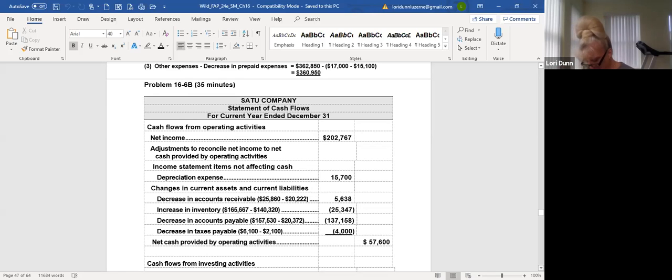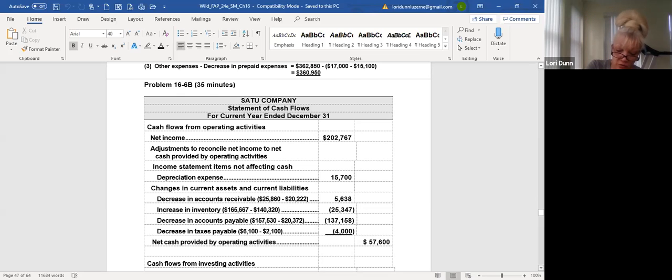So we need to see what was the impact on cash from the change in our equipment account. If you did a T account, like I suggested, put equipment and accumulated depreciation, and write down what you know.